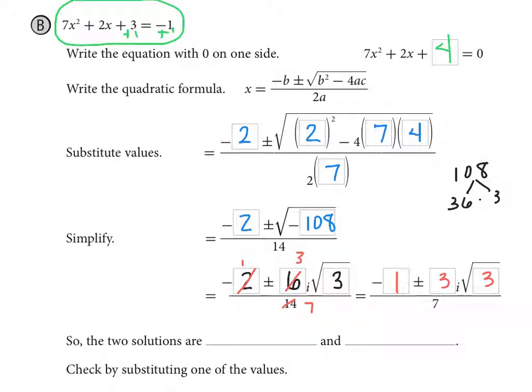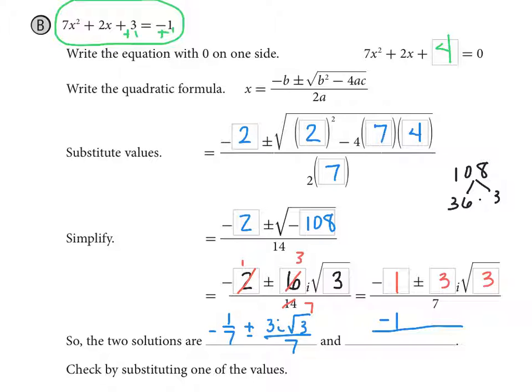If we do separate those, one way you could write that is negative 1/7 plus or minus 3i square root of 3 all over 7. Or you could keep it all under one fraction bar. I'd probably prefer you keep it all under one fraction bar.